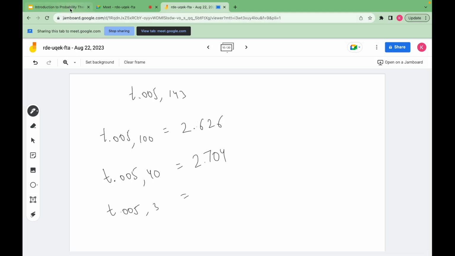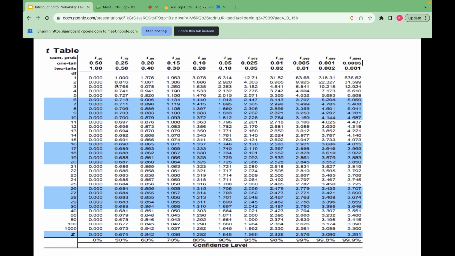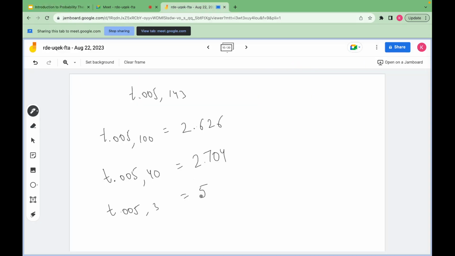For 3 it is 5.841. So we do not want this.